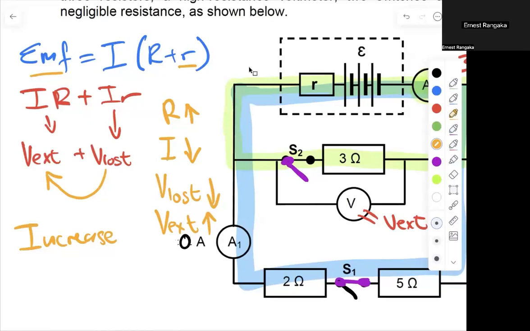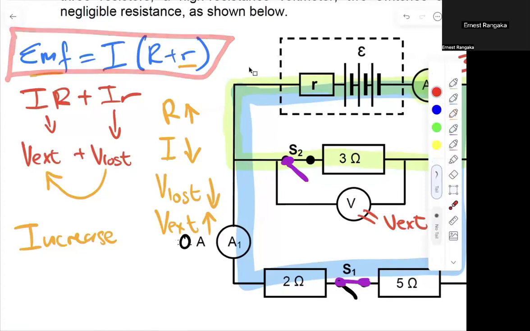Cass says I need to please repeat V lost, and I'll do that with pleasure, Cass. What V lost is, remember, when we are dealing with a battery with internal resistance, there's a little bit of resistance inside. It's the energy that I use inside my battery to move that current along in the battery. So when we are dealing with this, remember there's the equation EMF is equal to I into capital R plus small letter r.